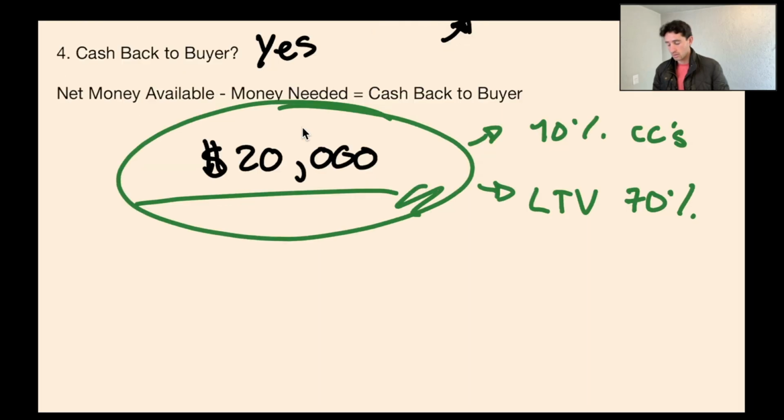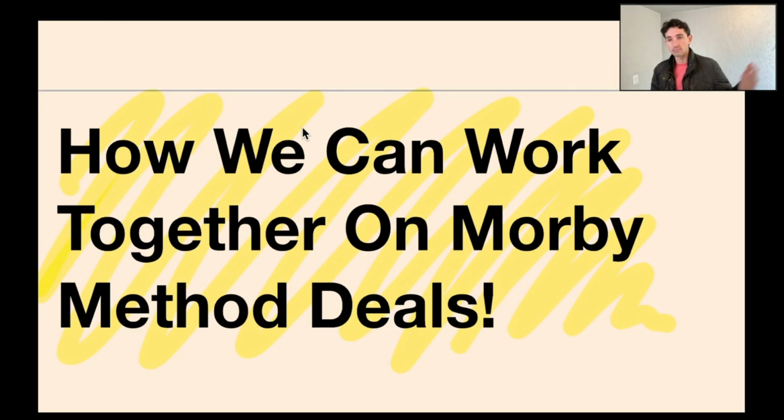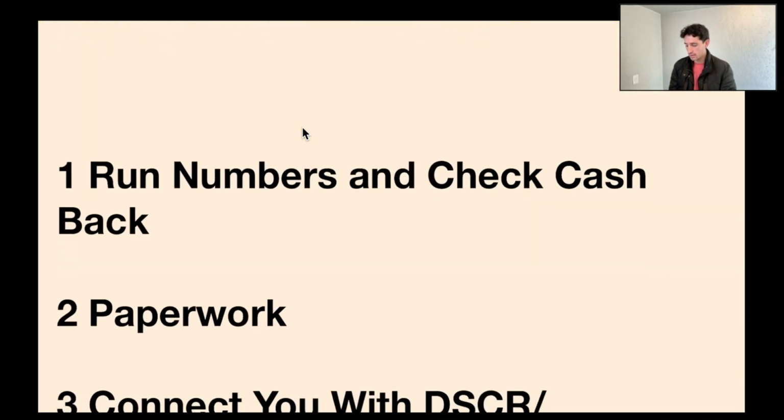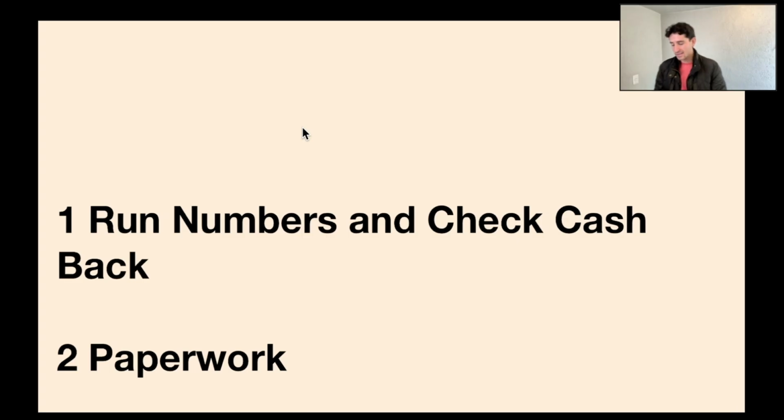Next, how we can work together on Morby Method deals. I would like to say on everything, but let's go over each one of them. Run numbers and check cashback. I've been doing Zooms for 2 months now, where I jump on meetings and meet investors, and they bring me deals they are working on, or they tell me, hey Tonio, I want to do the Morby Method on this deal.